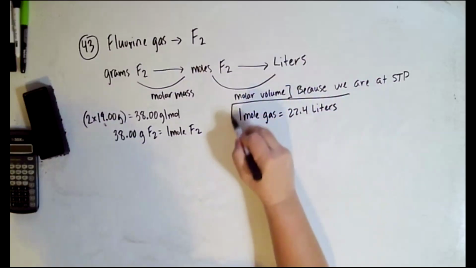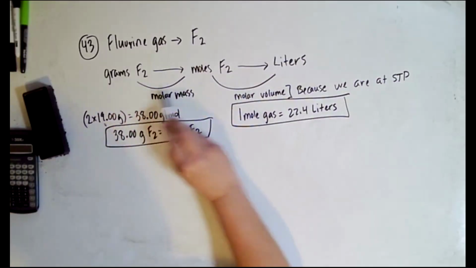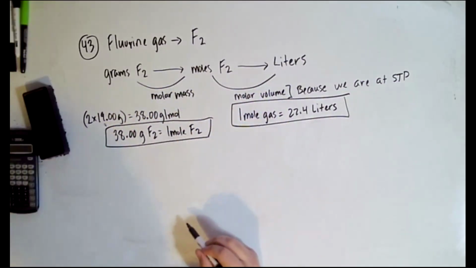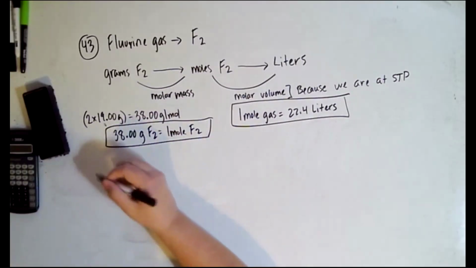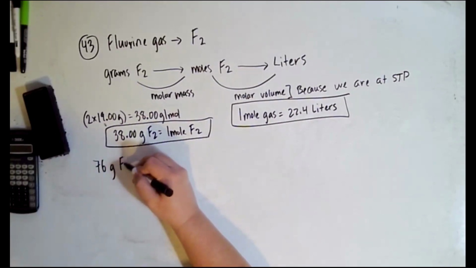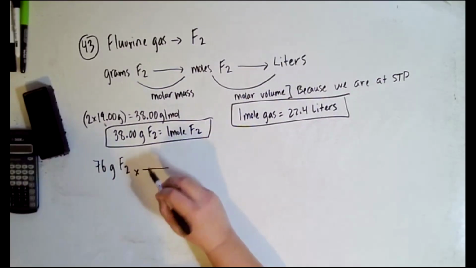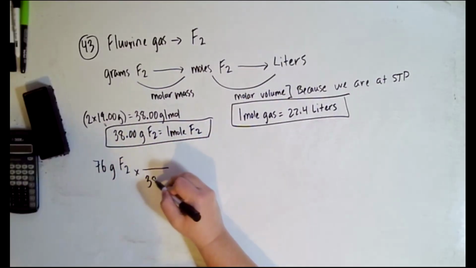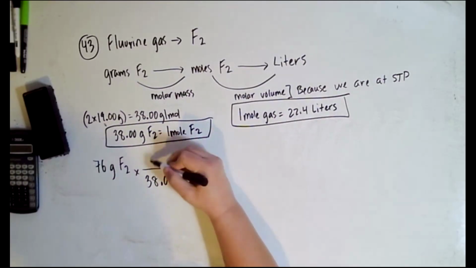And then we can use these two equalities that we've written out to help us work through these steps that we've laid out here. So we'll take our grams of F2 that they've given us in the problem. They're telling us that we have 76 grams of F2. And then our first step is going to be to use our molar mass to convert the grams of F2 into moles of F2.